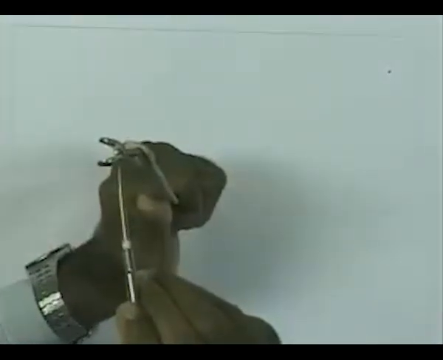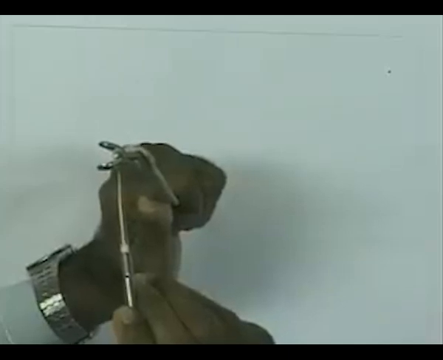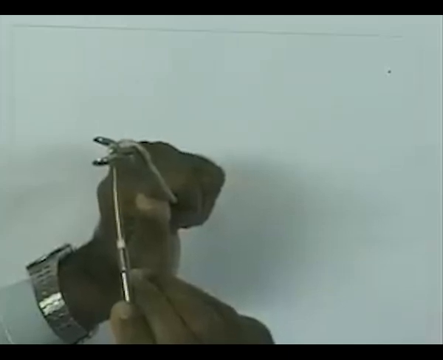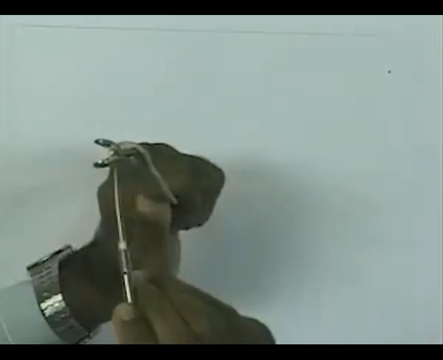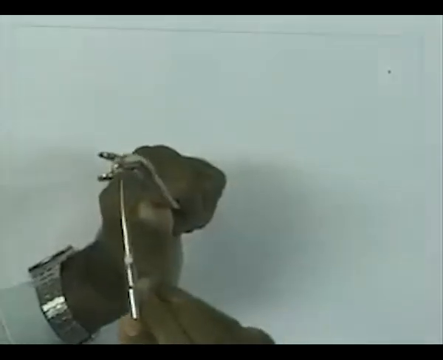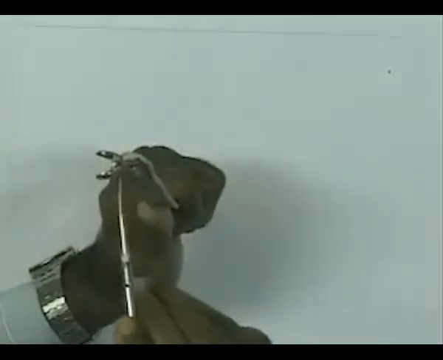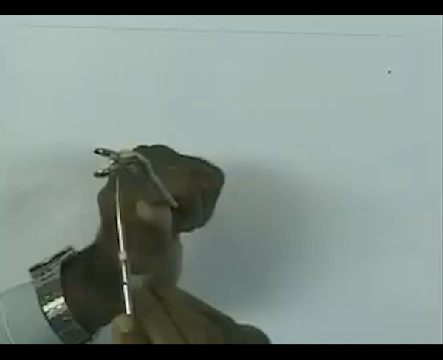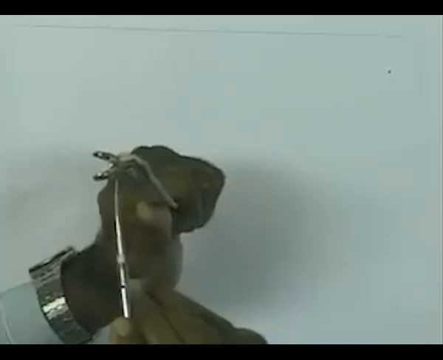So, intersection of the loading plane with the bending axis is called the shear center. This is the bending axis by this load, and therefore, intersection of the loading plane with the axis of bending is the shear center of the cross section.